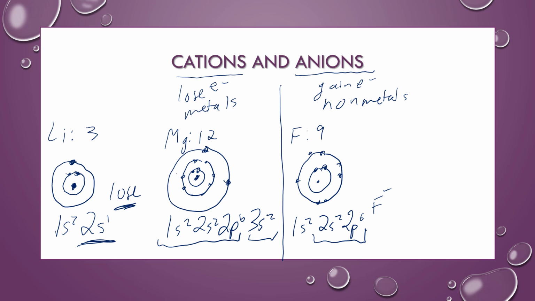And then there is a shortcut to figuring out the charges using the periodic table. This is my very simplified drawing. The group 1 metals have a 1+ charge, 2+ charge for group 2. Group 13 has a 3+ charge.